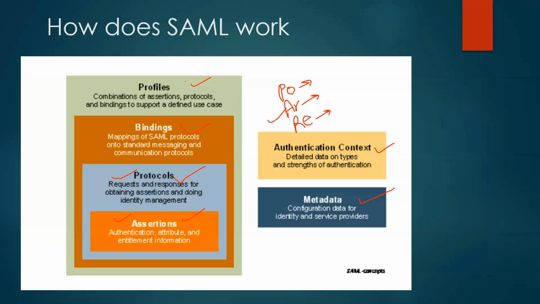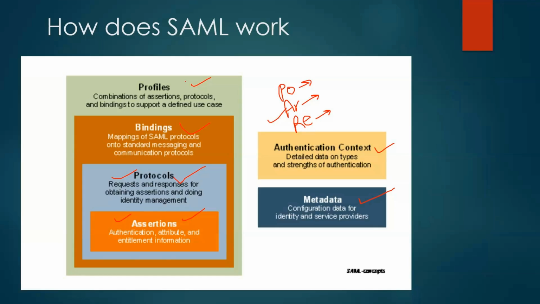When the information is exchanged, there is some data that you get. That is what we call assertion, and that assertion will help you to perform authentication, authorization, and these kinds of functionalities. Authentication context is also a part of the entire SAML framework, where it helps you understand the type of authentication. I'll go in depth around all of this.